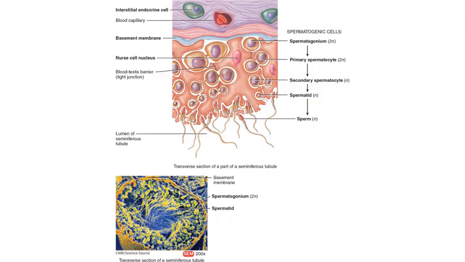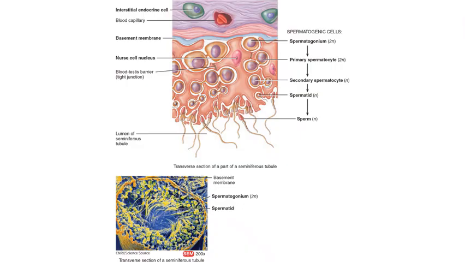These junctions form an obstruction known as the blood-testis barrier, because substances must first pass through the nurse cells before they can reach the developing sperm. It's almost like a little protective security guard. By isolating the developing gametes from the blood, the barrier prevents an immune response against the surface antigens of spermatogenic cells, which are actually recognized as foreign by the immune system.